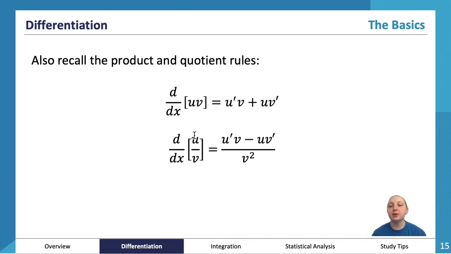Have to remember with this one, super important the order that you do them in, and it's super important what you assign as U and what you assign as V. So whatever is on the top of your fraction is going to be U, and whatever you're dividing by, whatever's on the bottom of your fraction, is going to be V. Super important that you allocate those correctly, and that you write this in the correct order as well. Because when you're doing subtraction, it does actually matter which one is first and which one is second. So we always want to start with U dash times V minus U times V dash all over V squared.